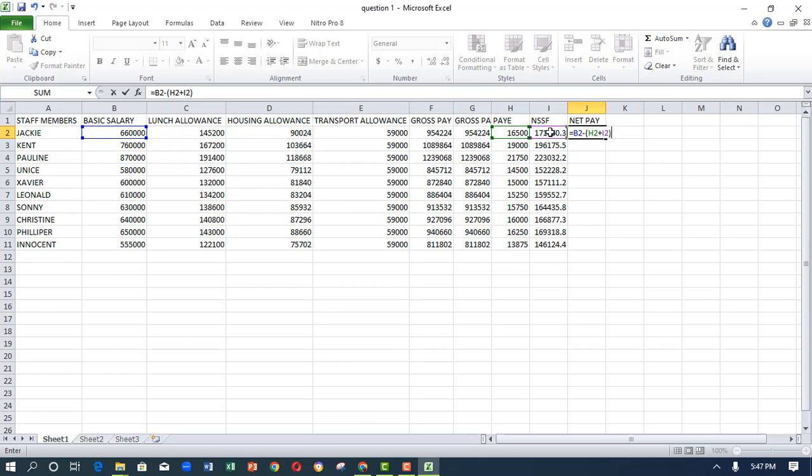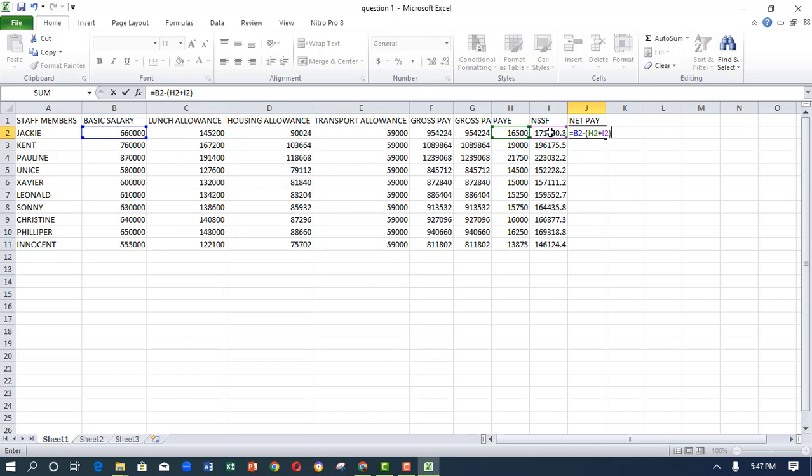So you see that to calculate our net pay, we are going to first add the what? We are going to add the taxes, then we deduct the answer we got from the addition of the taxes from the basic salary. That's why I had to put the taxes into brackets, because they were 2.